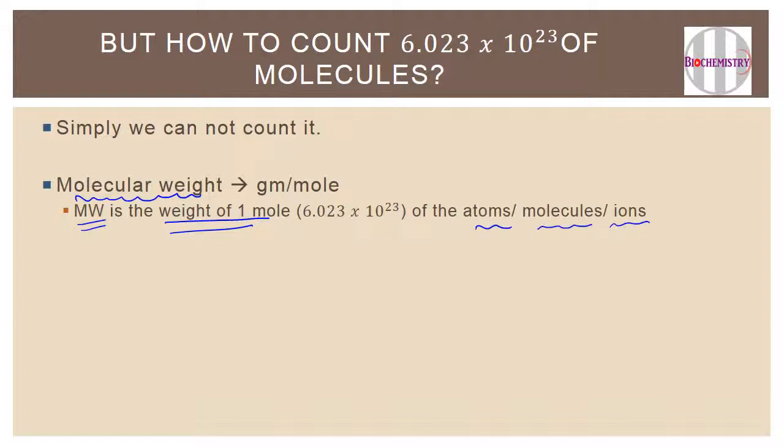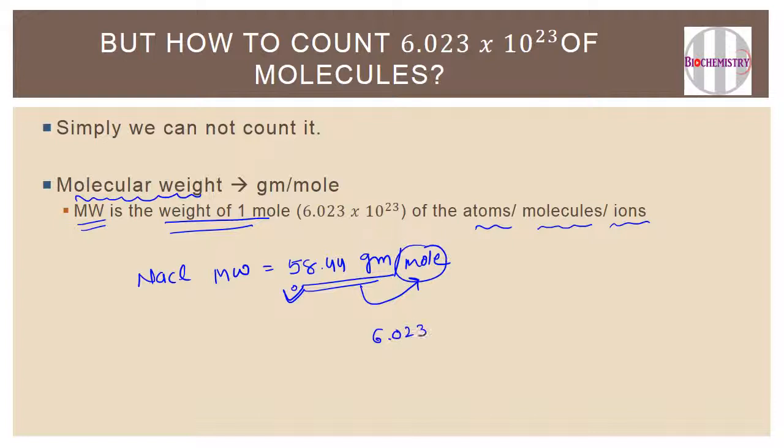So if I say the molecular weight of sodium chloride is 58.44 grams per mole, that means if I take 58.44 grams of sodium chloride, I am taking 1 mole of sodium chloride. And by 1 mole, I mean 6.023 × 10^23. In simple words, this many sodium chloride units will weigh 58.44 grams.